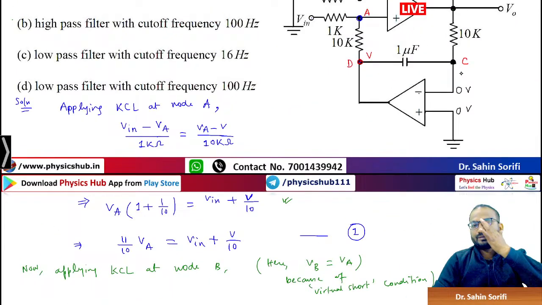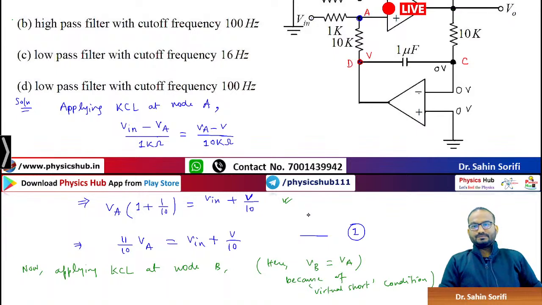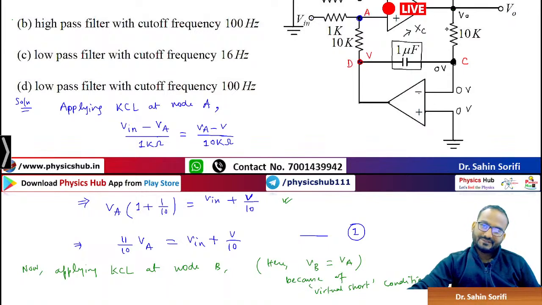Now look at it. Here the voltage is 0 volt. If you apply KCL here, the voltage is V0, so (V0 minus 0) by 10 will be equal to 0 minus V divided by the 1 microfarad. So we have to put the equivalent impedance. Let's say the equivalent impedance is XC. We can treat it like a resistance, right?